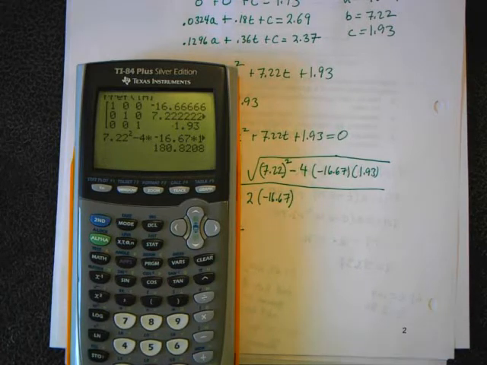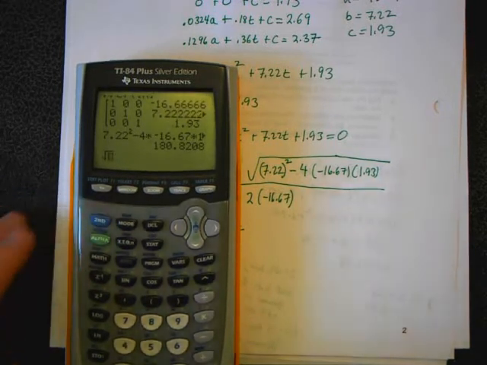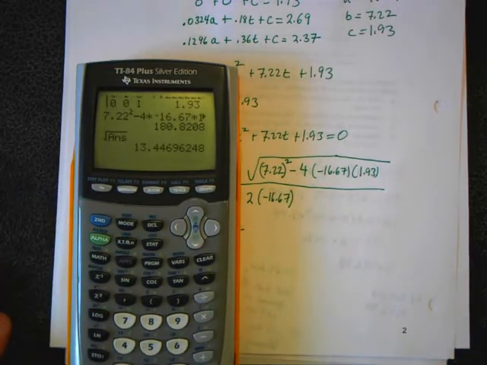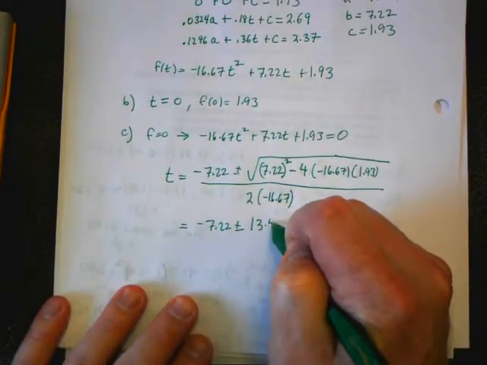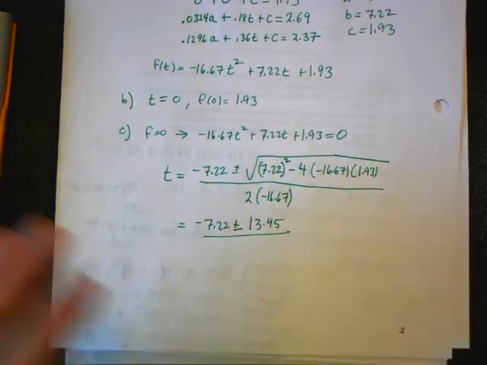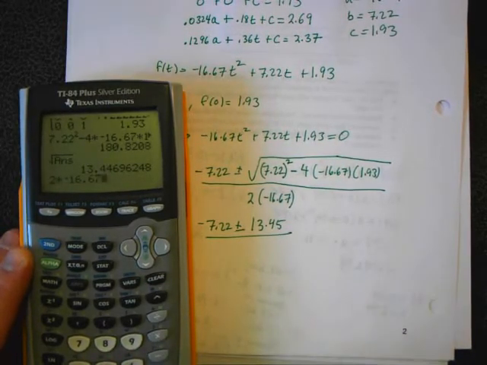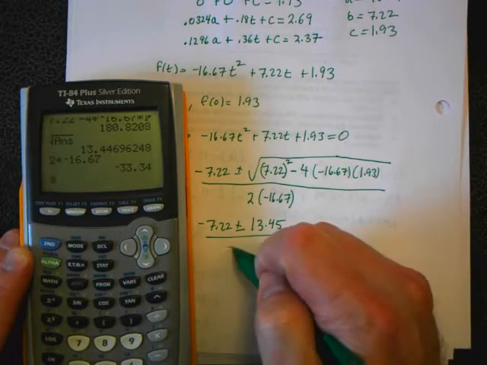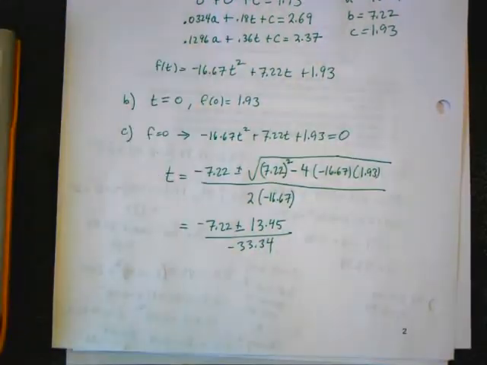But then I have to take the square root of all that, and I get 13.45. Divided by 2 times negative 16.67 is negative 33.34. So I have negative 7.22 plus or minus 13.45 divided by negative 33.34.